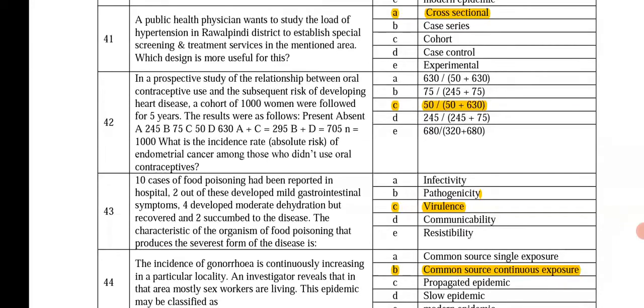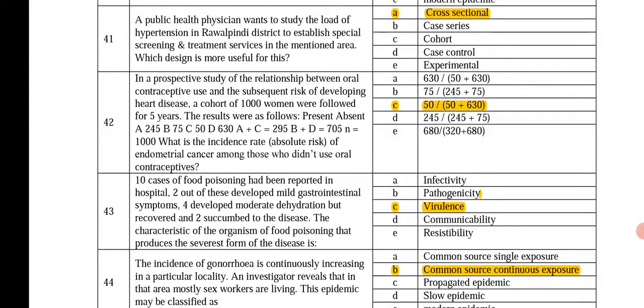In a prospective study of the relationship between oral contraceptive use and subsequent risk of developing heart disease, a cohort of 1000 women were followed for 5 years. The results were as follows: present, absent, A 245, B 75, C 750, D 630, A plus C 295, B plus D 705, N equals 1000.